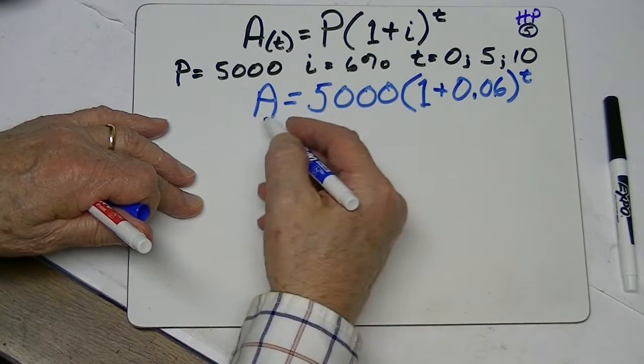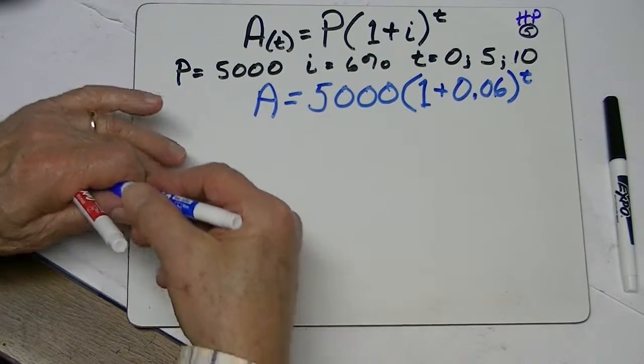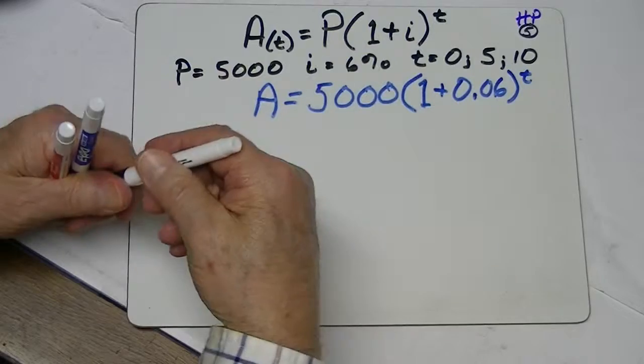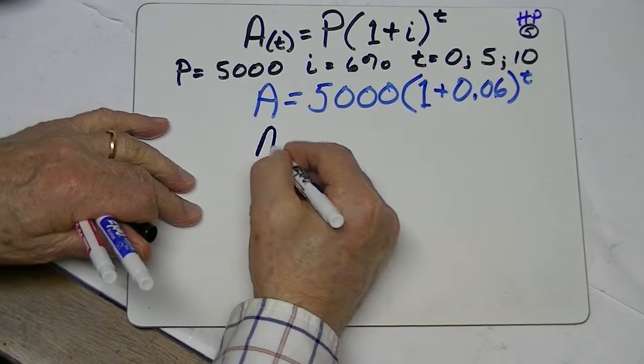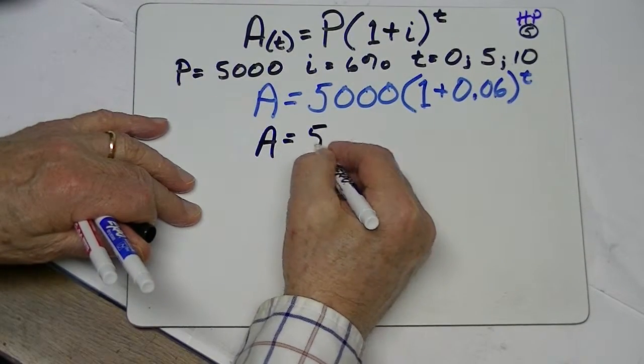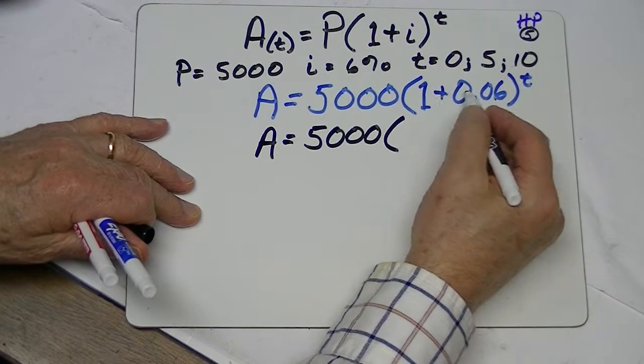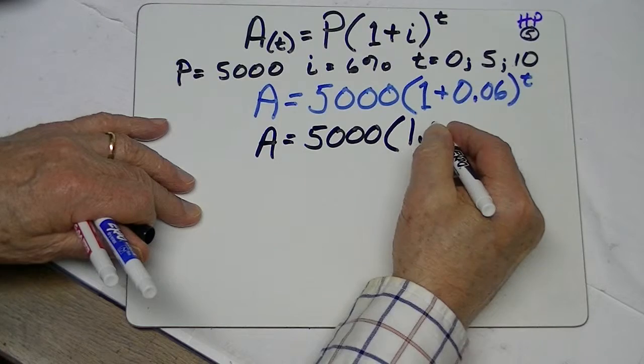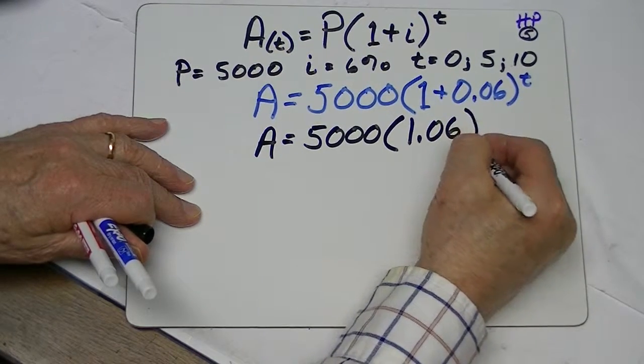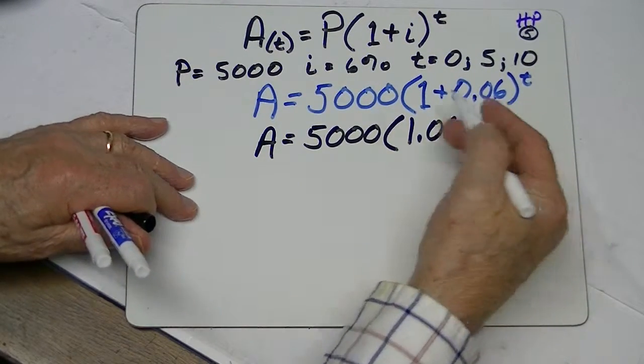So next step would be to combine this, and we get A equals 5,000. Now we're going to add these two together, so this gives us 1.06 to the t power.